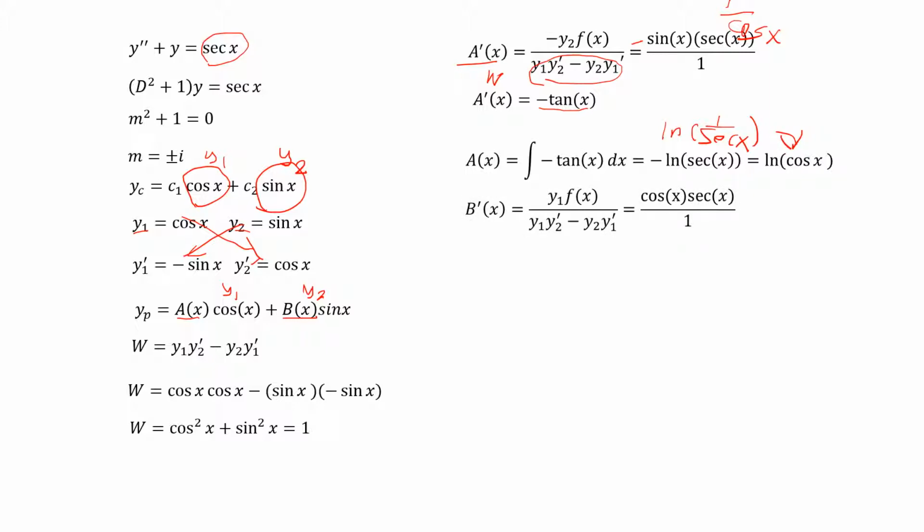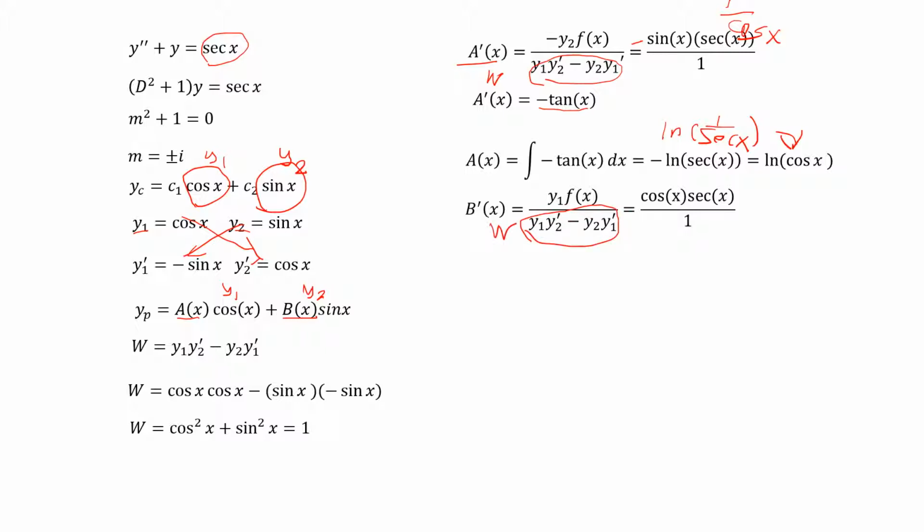Now to get b of x, from our formula, b prime x is y1 f of x over the Wronskian. We just replace this by the Wronskian w.